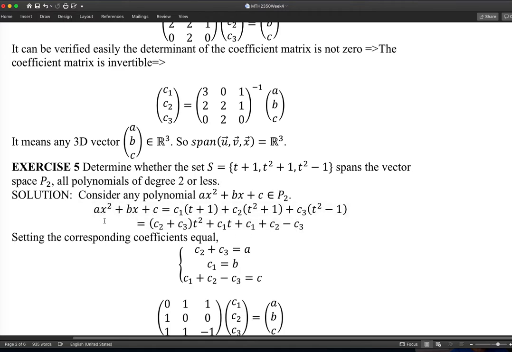I want to match the corresponding coefficients. So C3 equals a, and C2 would match b. And then the constant part comes from those three: C1 plus C2 minus C3. And then I have three equations. I believe I did it correctly.